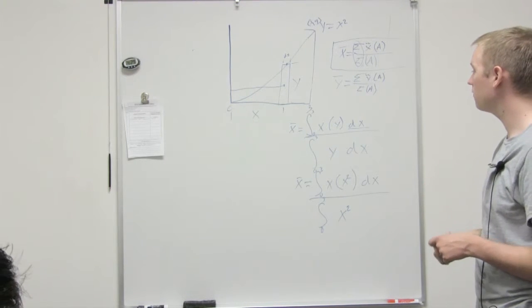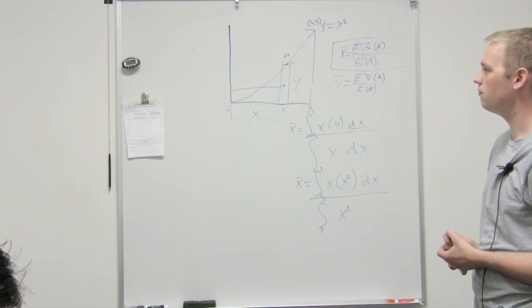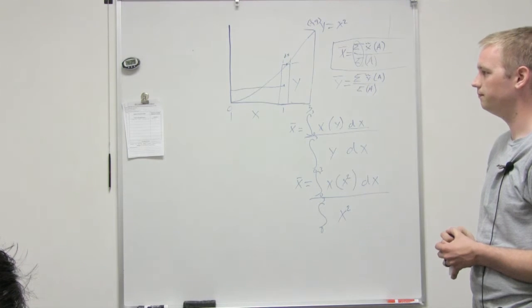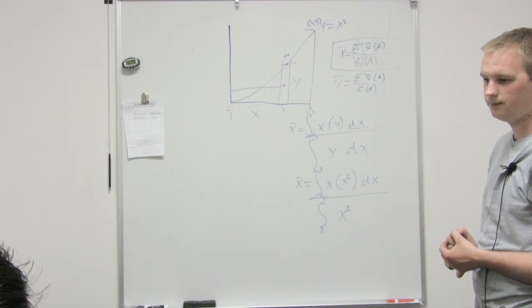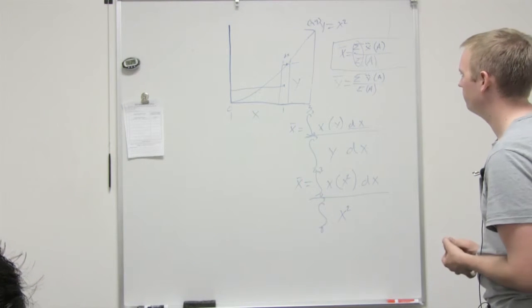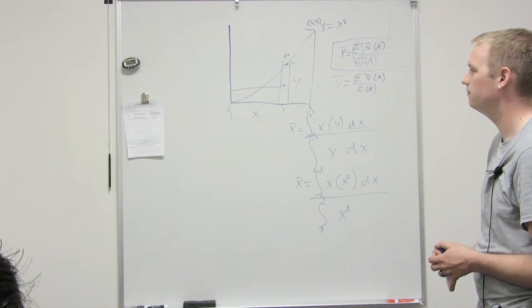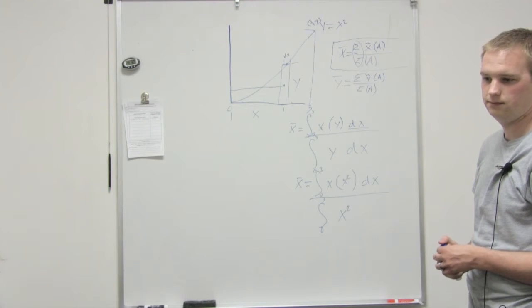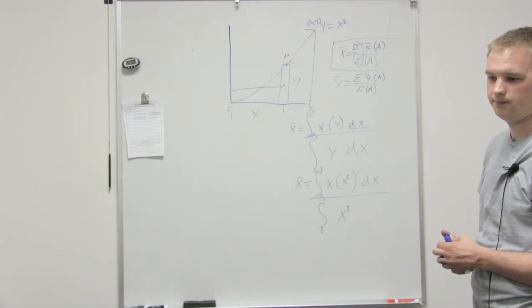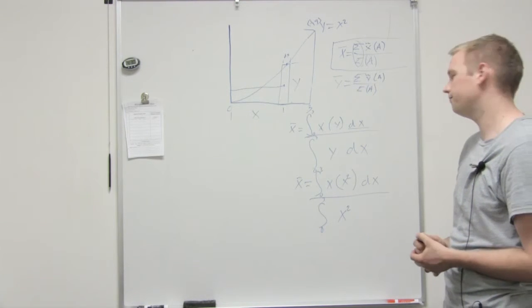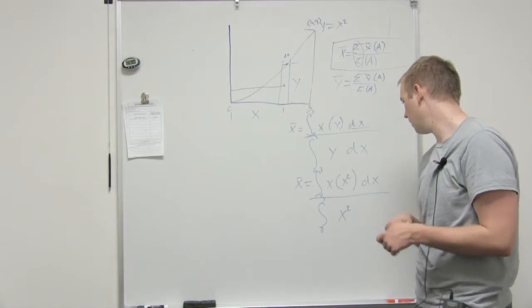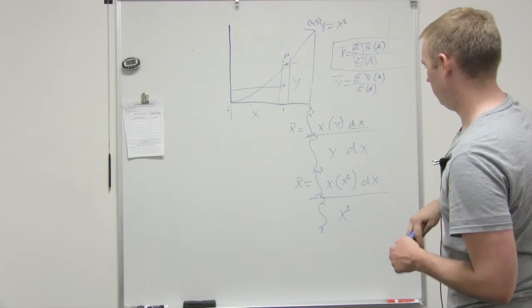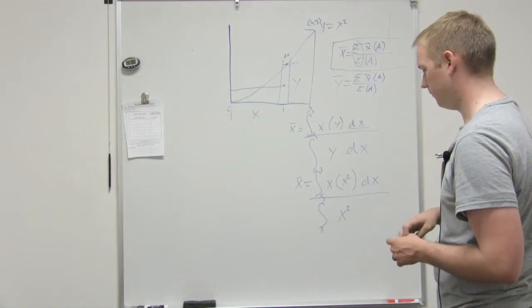So I'm gonna get 1/4 x to the 4th over 1/3 x to the 3rd, 0 to 3, both of them. So x to the 0 is gonna be 1, right?